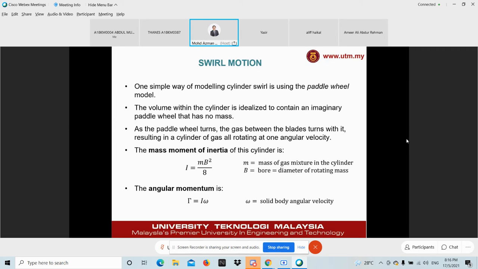The mass moment of inertia of this cylinder is calculated as the mass of the gas mixture in the cylinder times the bore squared divided by 8. Whereas the angular momentum is the inertia times the solid body angular velocity. Those two are some of the fundamentals of calculating the swirl motion.